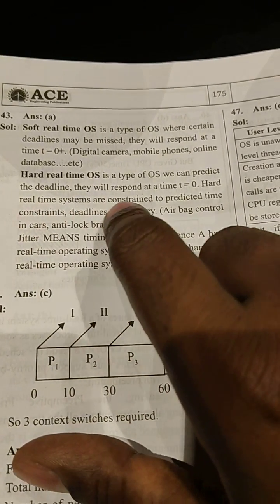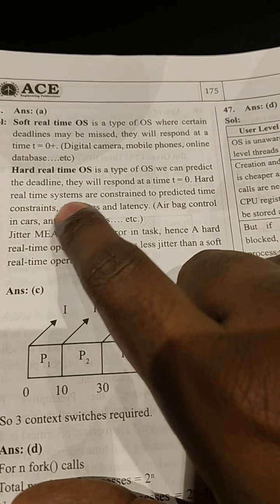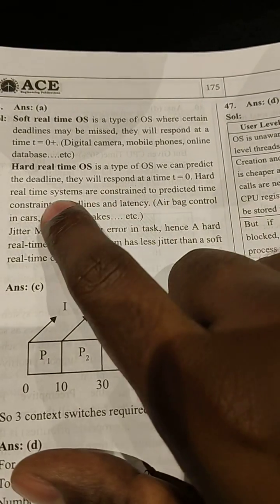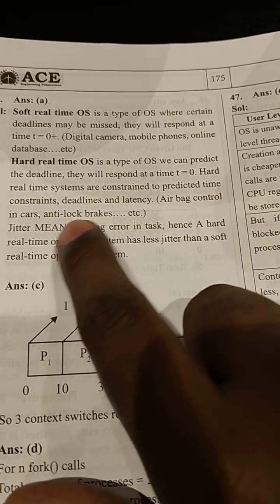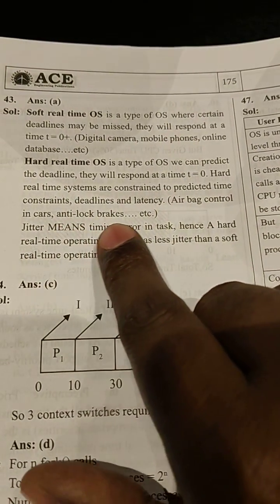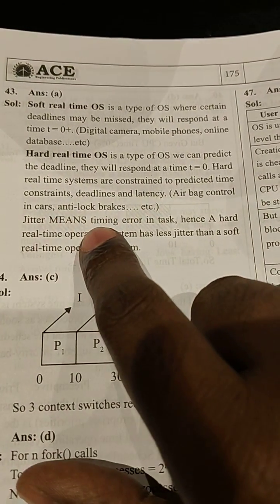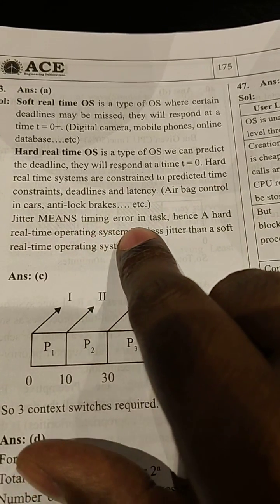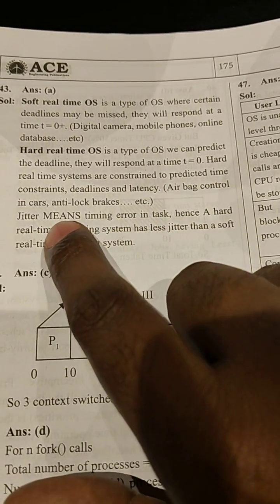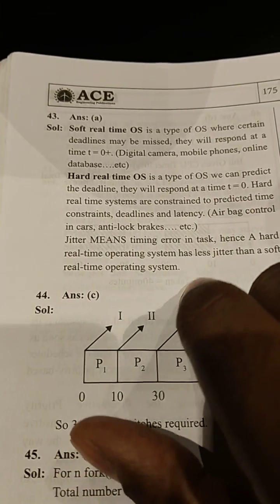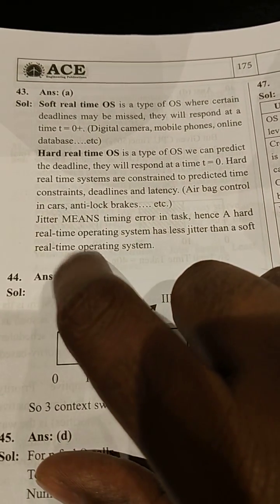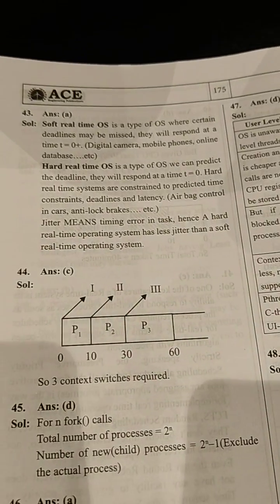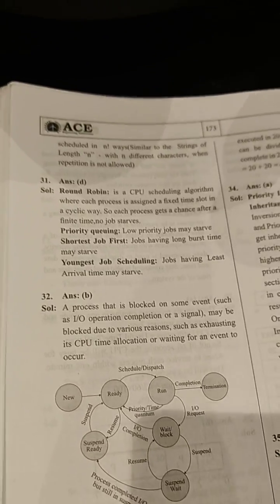Hard real-time systems have strict and predictable time constraints, deadlines or latencies, for example airbag control in cars, anti-lock brakes, etc. Jitter means timing error in a task. Hence, a hard real-time operating system has less jitter than a soft real-time operating system. Hard real-time jitter, correct.